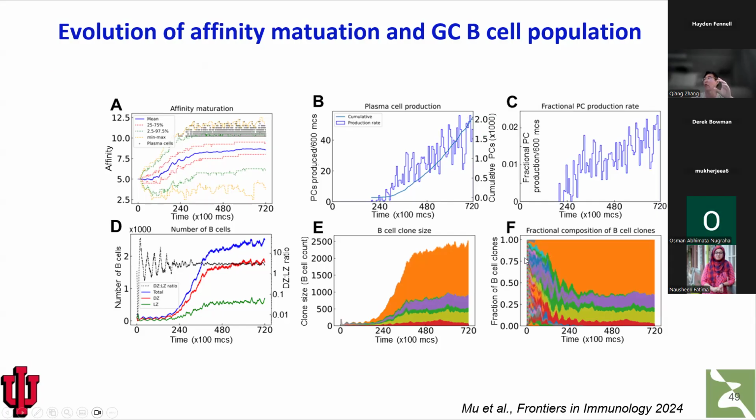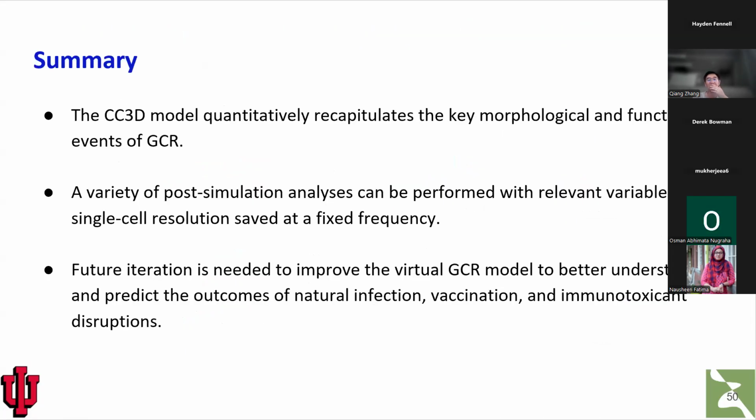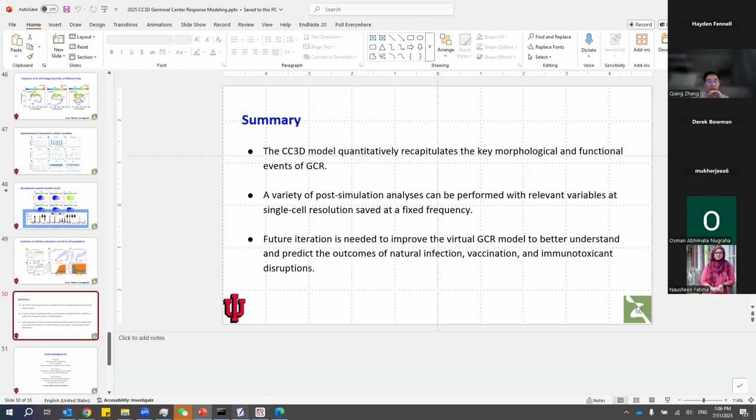That's called clonal dominance. You start with a number of B cell clones, and only a few eventually win out. The rest of them are sacrificed or killed during the positive selection process. And that has been shown experimentally as well.